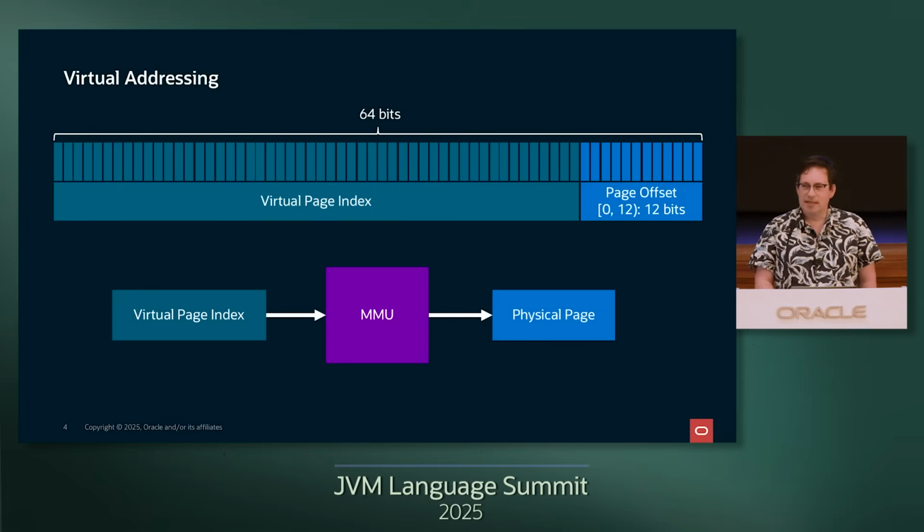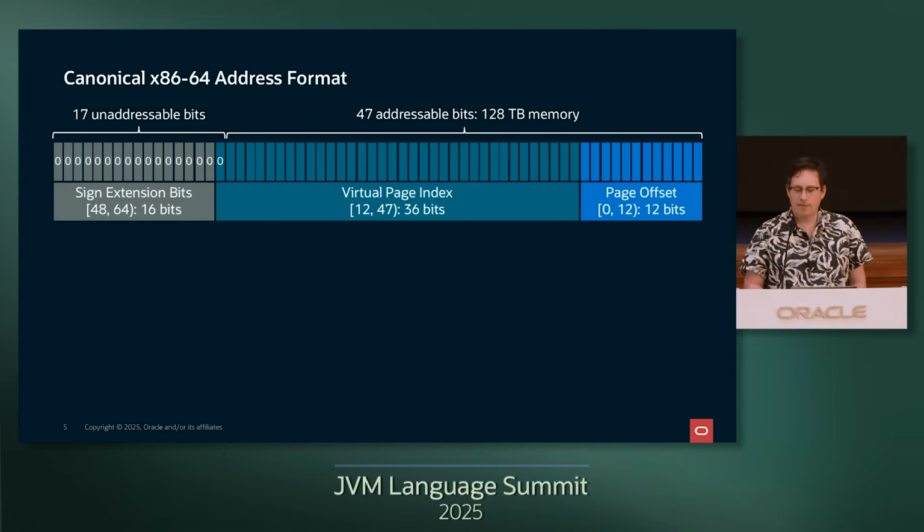The other virtual page index bits are mapped through a memory management unit to look up the physical page that's being accessed. And among these virtual page indices, not all the bits are actually useful. With a canonical x86-64 address, the high order 16 bits are pointless sign extension bits that have to exactly replicate the highest order useful bits.